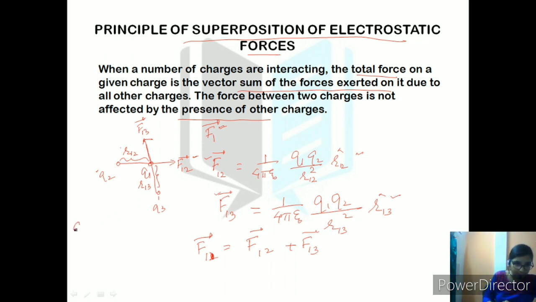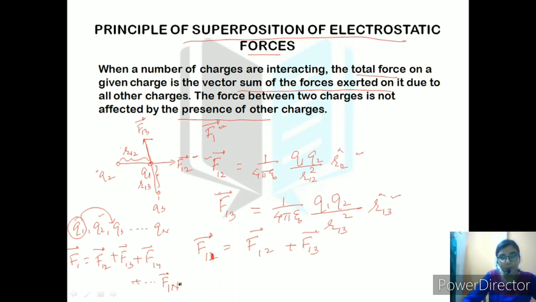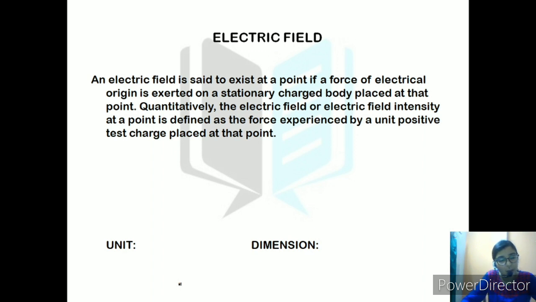Now suppose there are n charges Q1, Q2, Q3 and so on up to Qn. Then the total force on Q1, the first point charge, will be F12, the force on 1 due to the second, then F13, the force on 1 due to the third, then F14 and so on up to the force on 1 due to the nth point charge. So this is the principle of superposition of electrostatic forces.